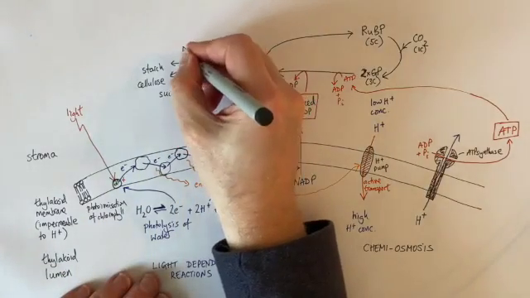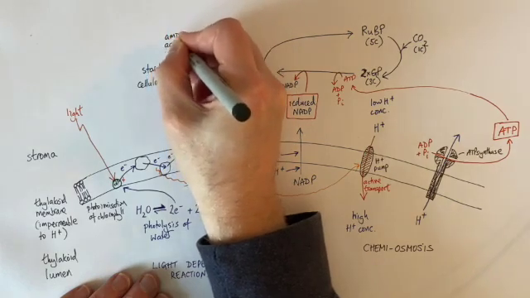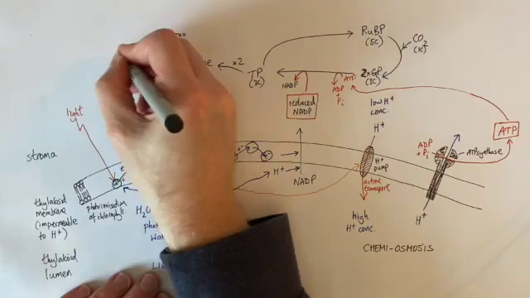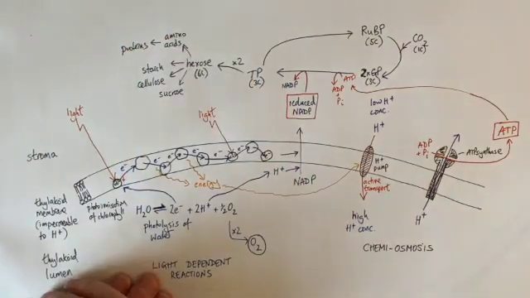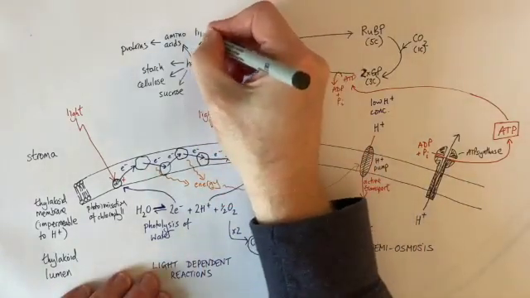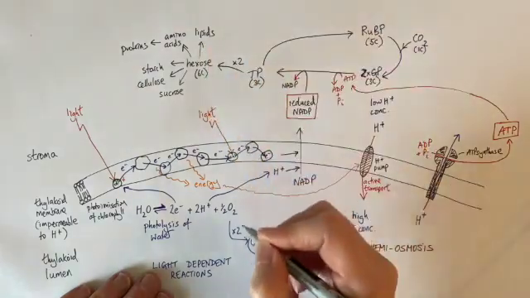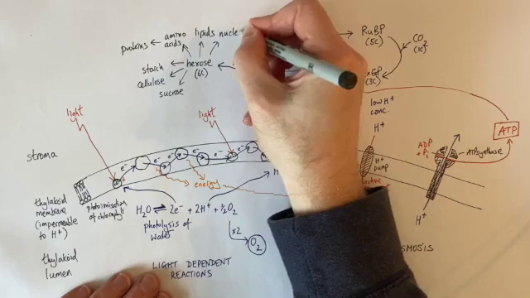Hexose is also the basis to make amino acids. And from amino acids, we can get proteins. And we can also get fatty acids and glycerol, and from that we can get lipids. We can also get nucleic acids.